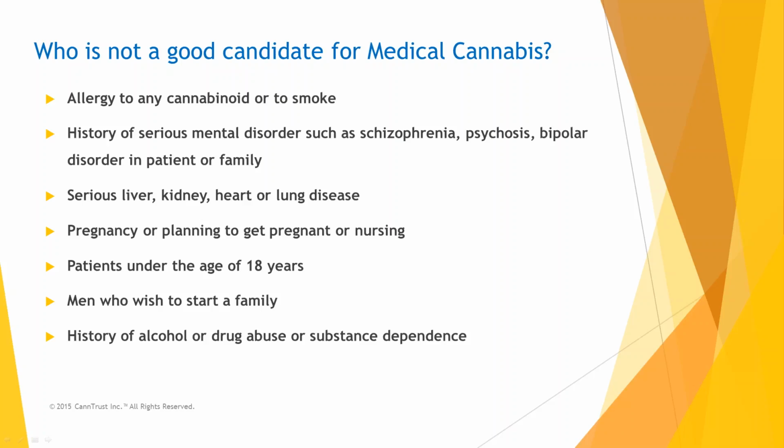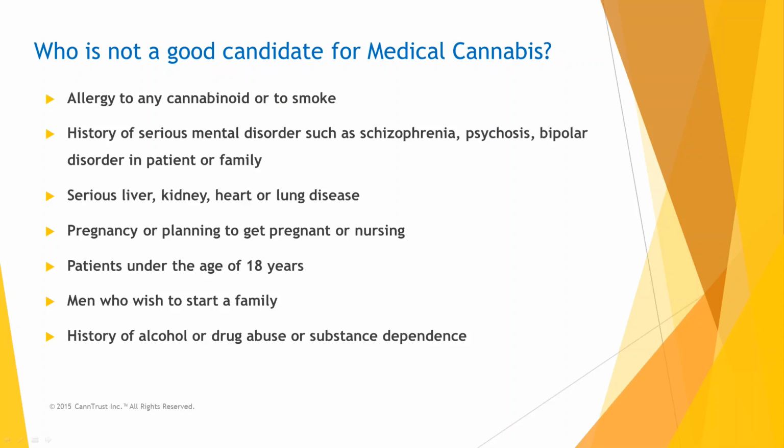If someone is pregnant or planning to get pregnant or nursing, they're not good candidates to use medical cannabis. And patients under the age of 18 are not generally recommended to use medical cannabis. Obviously, as I mentioned about Dravet syndrome or seizures in kids, the risk-benefit evaluation by the physician will determine whether the patient is eligible to use medical cannabis.